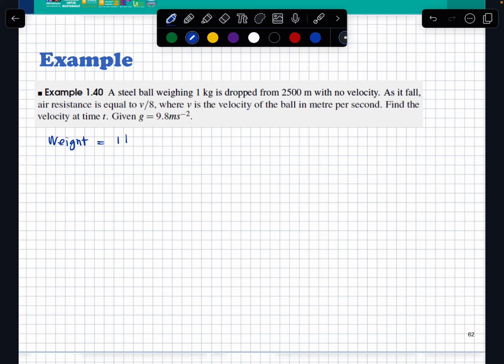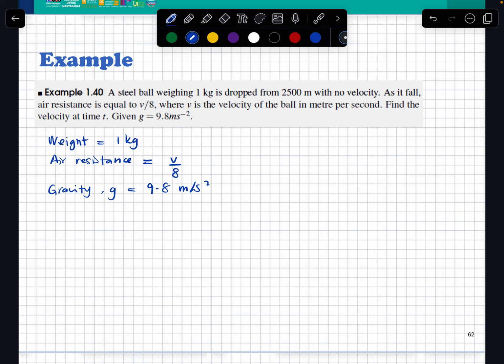Weight is 1 kilogram. And then we know that air resistance is given as V over 8. Okay, so that is from the problem. So we extract the important values here. The gravity g is 9.8 meters per second squared.